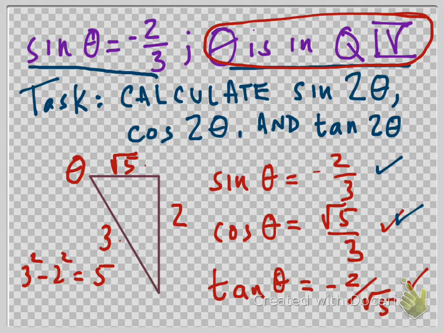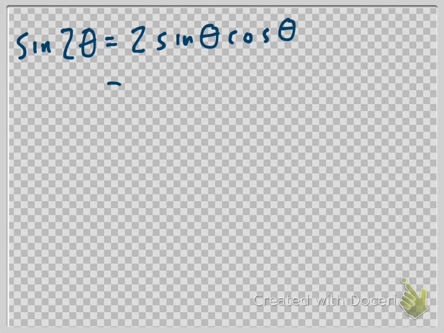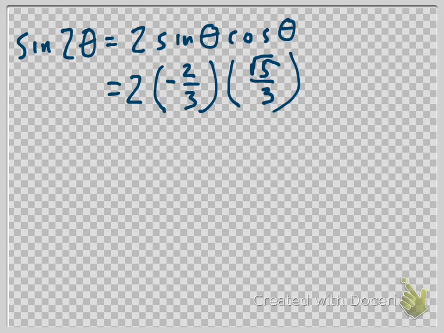So the sine of 2 theta is then 2 times negative 2/3 times square root of 5 over 3, and all I have to do is simplify that out. I end up with negative 4 root 5 over 3. That's all there is to it, folks. It's just plugging numbers into these formulas.